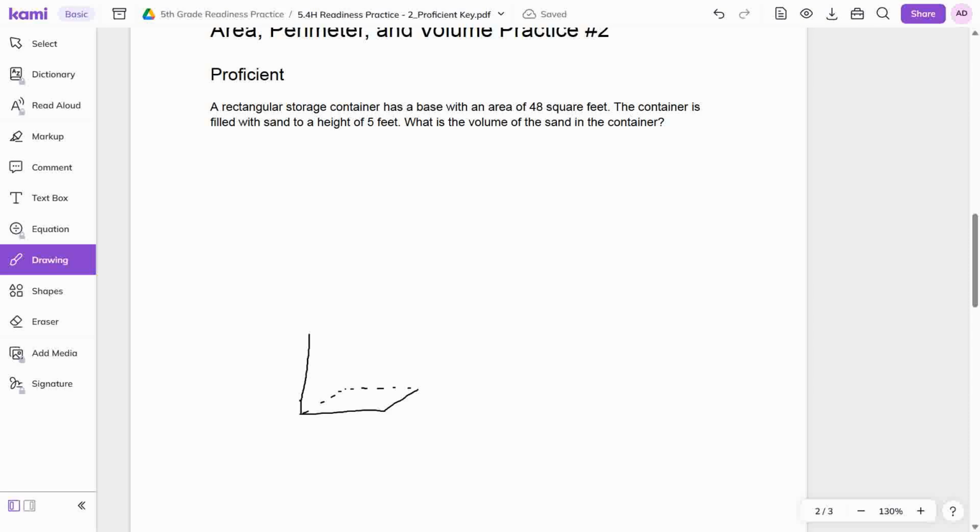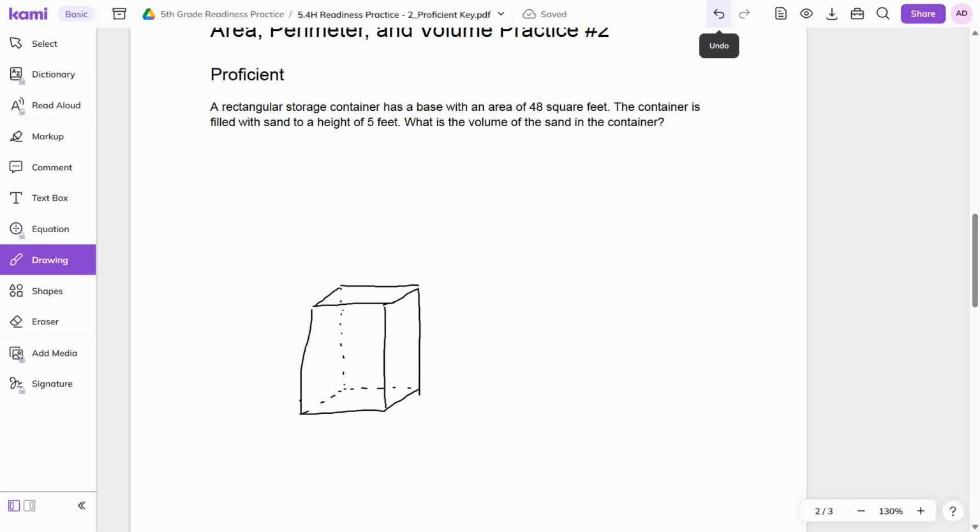What I like to do is draw two parallelograms, trying to make them congruent and parallel. Then I connect the lines here. And I like to draw the one in the back with a dotted line just to help me visualize that it's in the back. All right, so here's my rectangular prism.